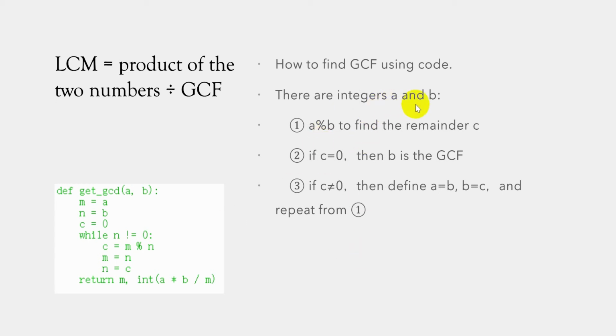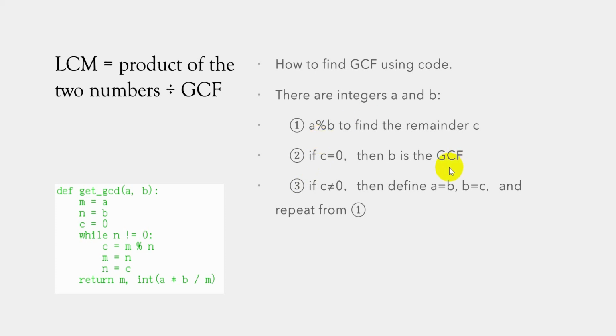When we have integers a and b, there are 3 steps we use to find the greatest common factor. First, we find the remainder of a divided by b, which is c. If c equals 0, then b is the greatest common factor, because when the remainder is 0, that means a can be divided by b, so b is the greatest common factor.